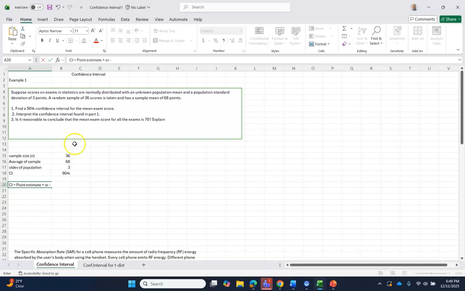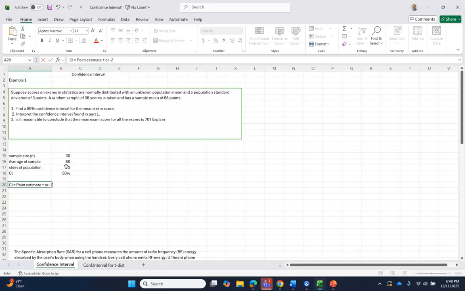In this case, we are not given the margin of error, so we need to calculate it. The good thing is we're given the 90% confidence level and the standard deviation of the population, so we should use the z value.